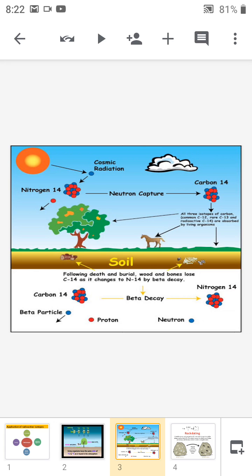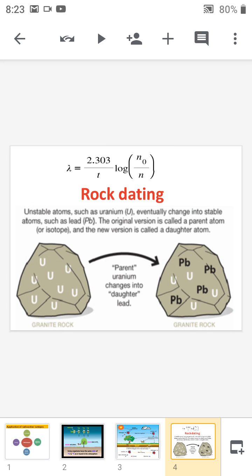Carbon 14 undergoes beta decay to form nitrogen 14, and as the age of the particle increases, the amount of C14 in the archaeological sample decreases. So we can easily find out the age of this particle by using the equation lambda equals 2.303 divided by T into log N0 divided by N, where T is the half-life period of the C14.